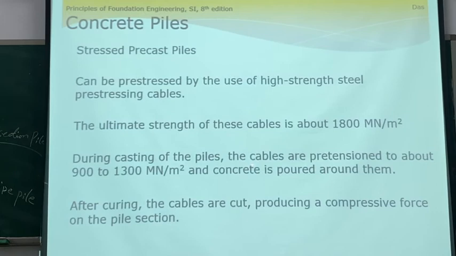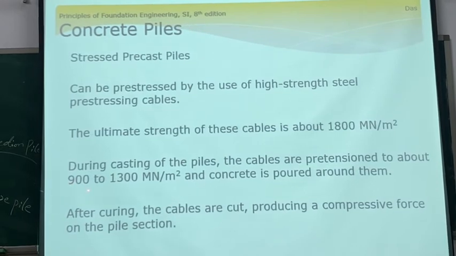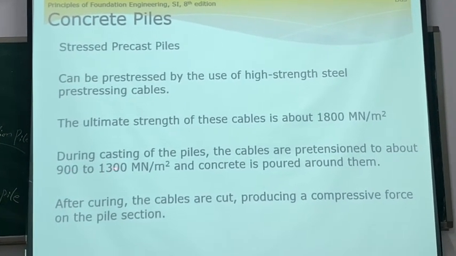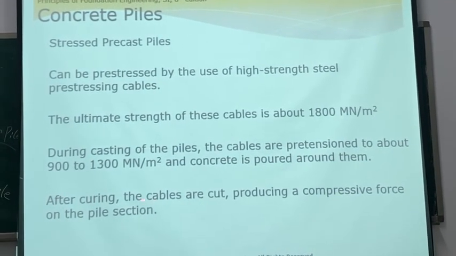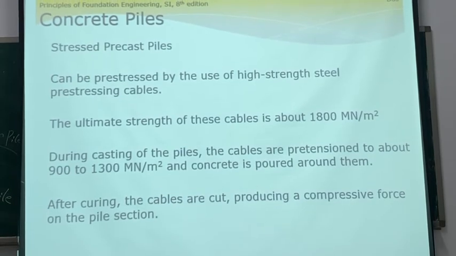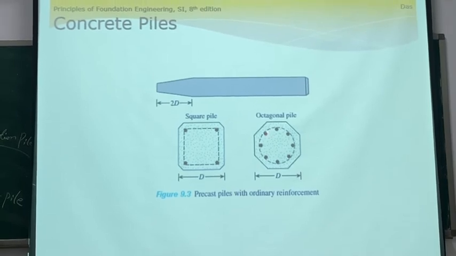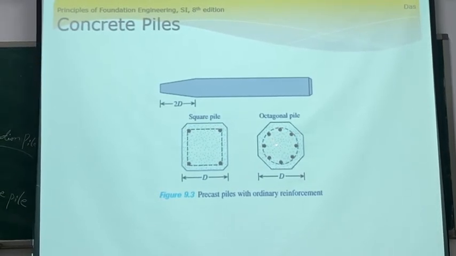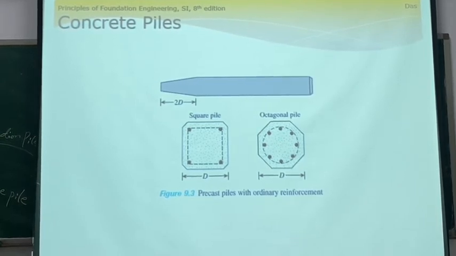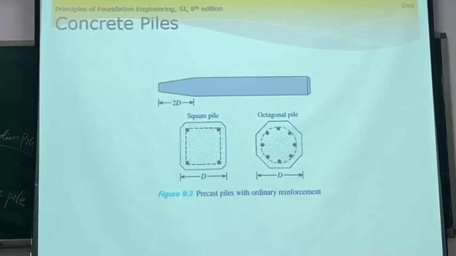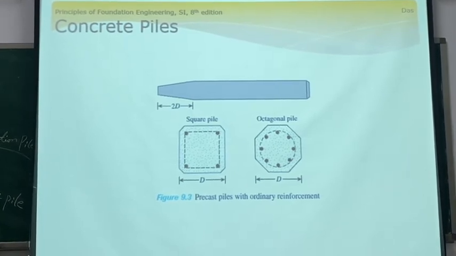During casting of the pile, the cables are pretensioned to about 900 to 1,300, and the concrete is poured around there. Like this one, the pile has just ordinary steel reinforcement. But in this one we don't use ordinary reinforcement, we use prestressing reinforcement, after we finish the concrete.